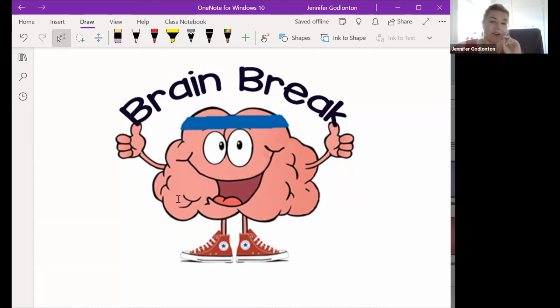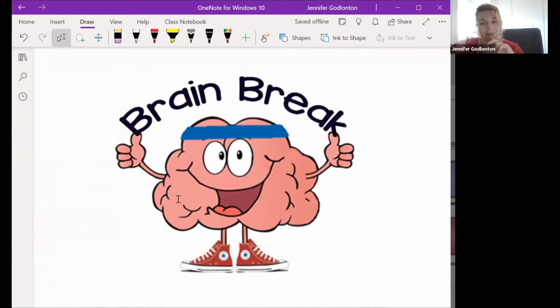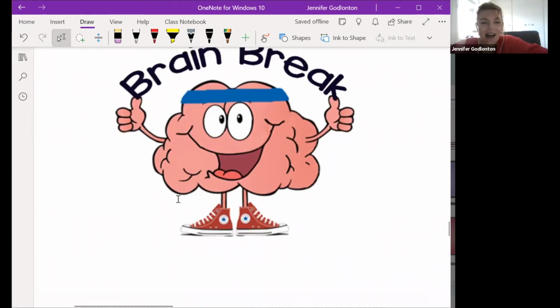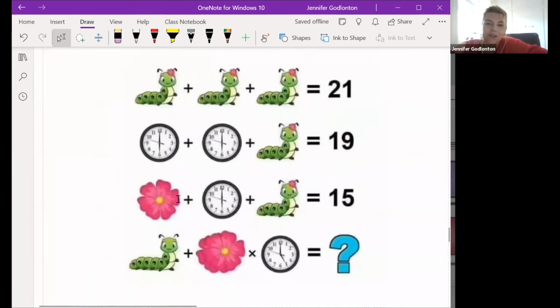Someone was able to figure out most of them, but not all. So let's see if we have a little brain buff in this class who's able to figure out every single one of the tricks. You have seen something similar to this before, but it's very slightly different. Let's see how you do. I am looking for the answer to my question mark.